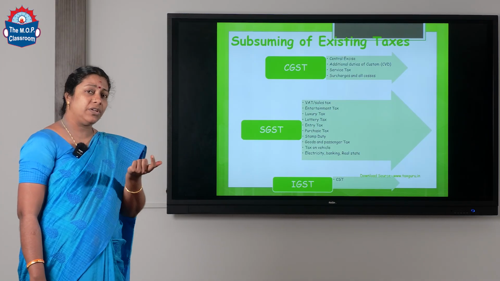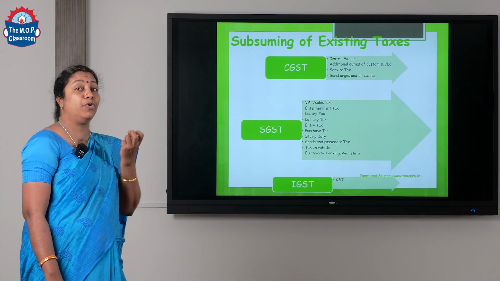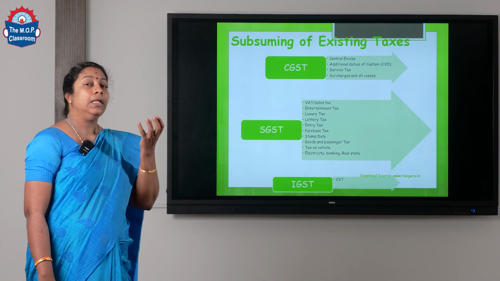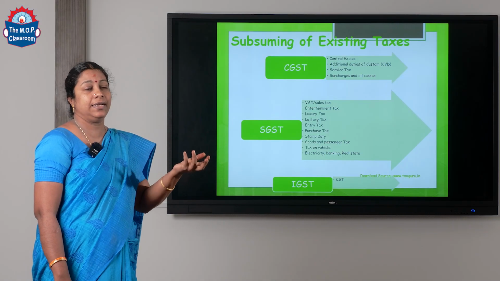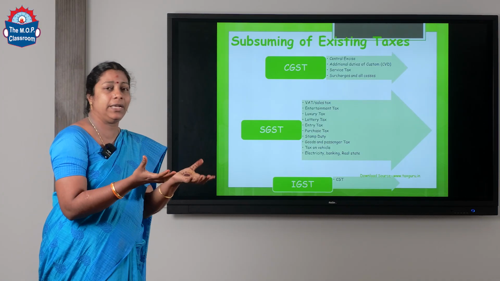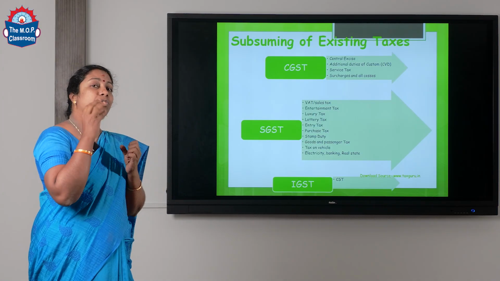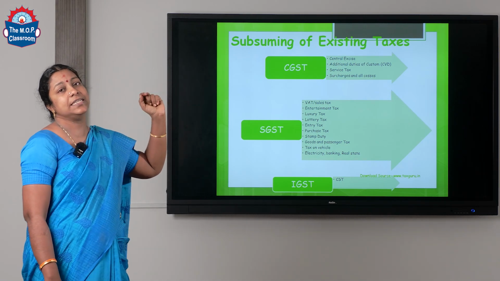Countervailing duty, or additional duty on customs, means if you are importing a product, the government might lose some excise duty. Let us take, I am going to buy a car in India from an Indian manufacturer. When something is manufactured, what was paid in the earlier regime? Central excise duty.